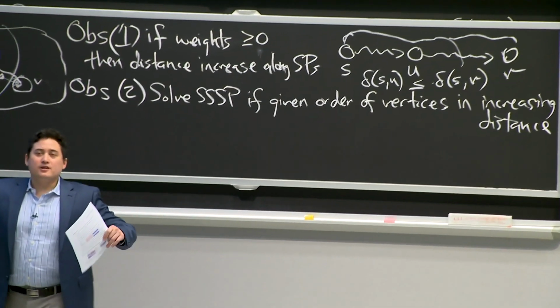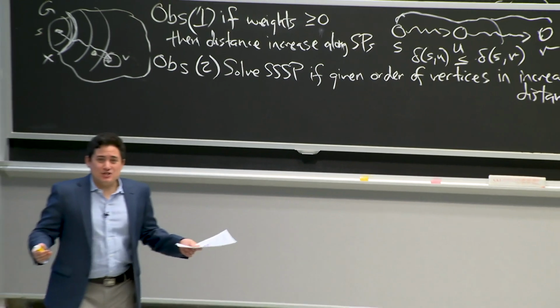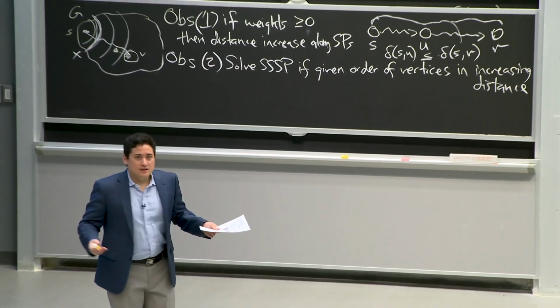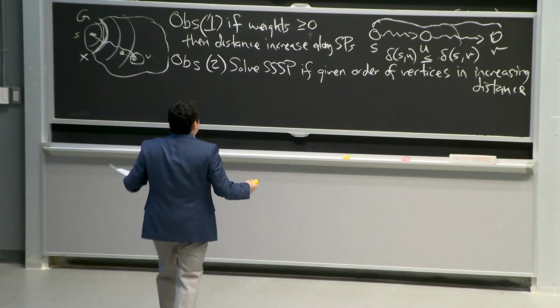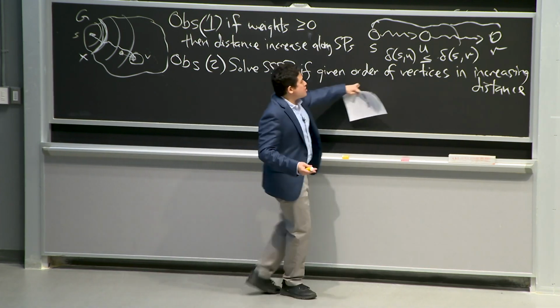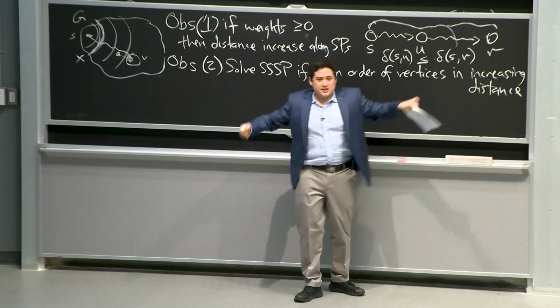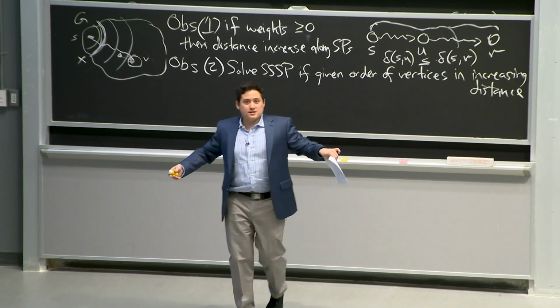So here's the idea. I'm not going to give you the distances to all these vertices. Instead, I'm going to give you the order of the vertices in increasing distance from S.